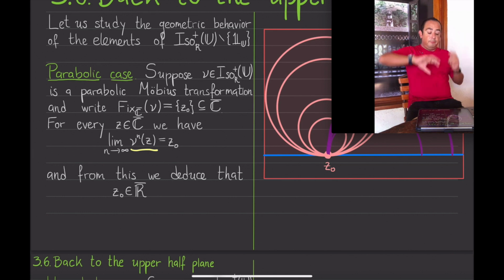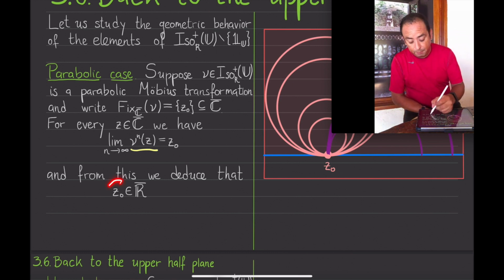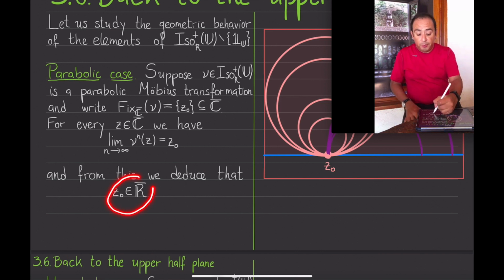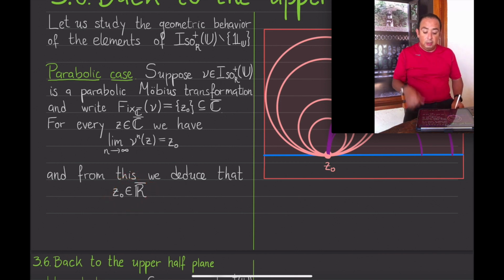This means that when you conjugate by this Mobius transformation, any point in R bar can be a fixed point of such a parabolic transformation, because the type is preserved under conjugation. So we know that the fixed point has to be in R bar, but we cannot refine any further. Any point in R bar can actually be the fixed point.